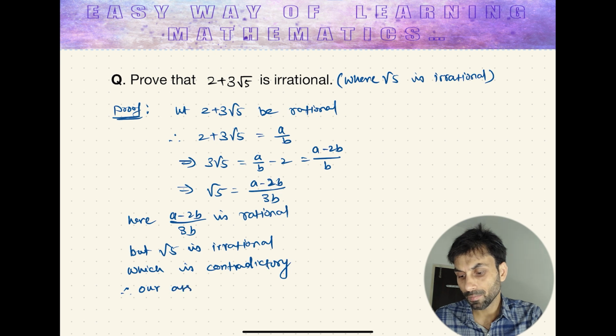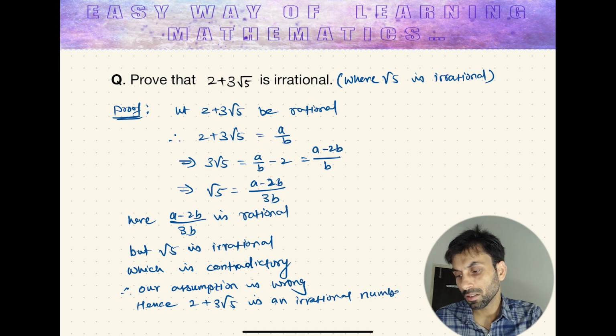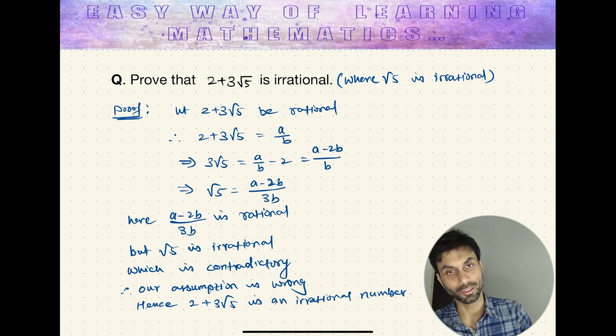Therefore we can say our assumption is wrong, and hence 2 plus 3 root 5 is an irrational number. So this is how we are going to prove these types of questions.